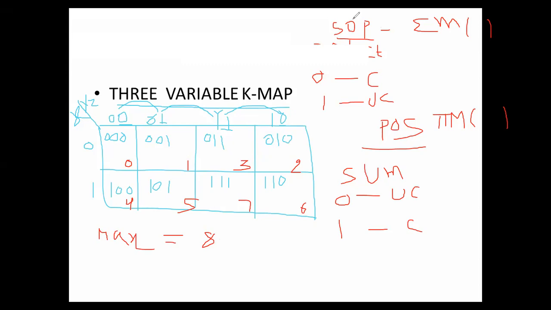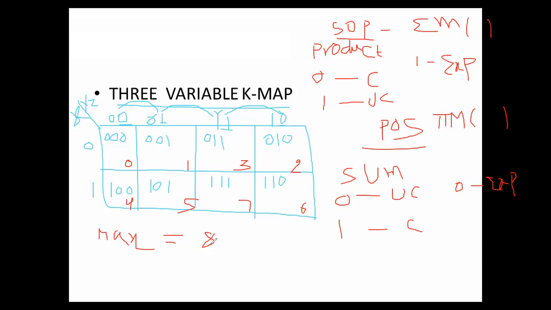In SOP terms, we are putting 1 in the given expression and grouping ones only. If we are taking POS, we put 0 in the corresponding terms and group zeros only.